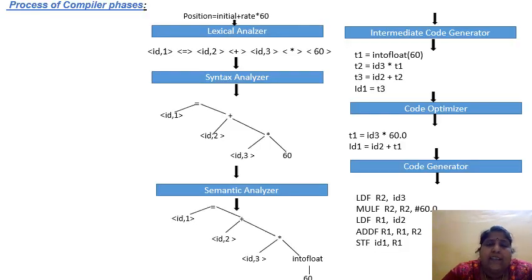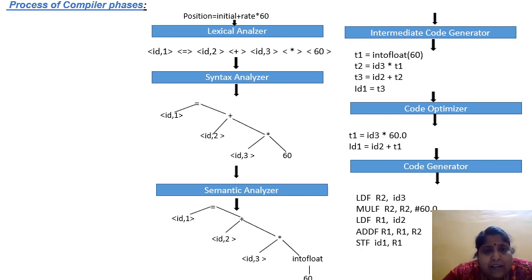Now we'll see an example of the process of the compiler phases. We will carry out the various phases with the help of the example. We have the previous example, position equals initial plus rate into 60. So the lexical analyzer, what is the lexical analyzer? It gets the stream of tokens. The lexical analyzer will separate the stream of tokens.